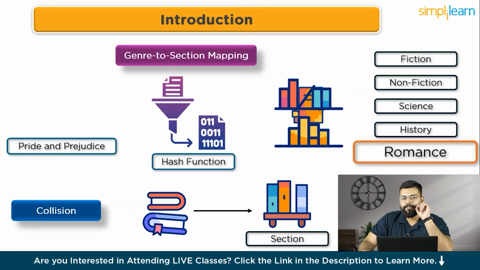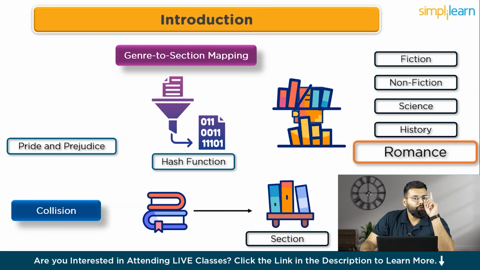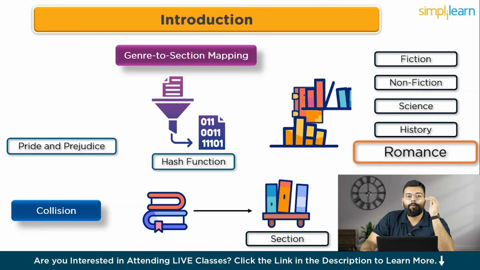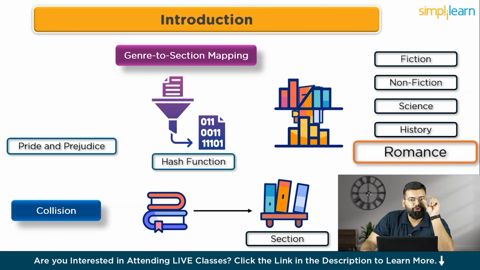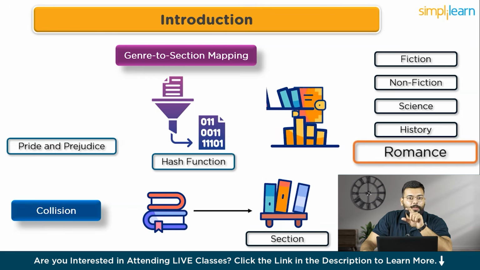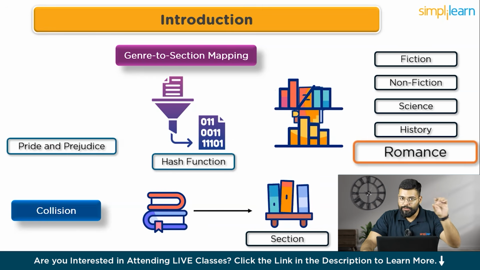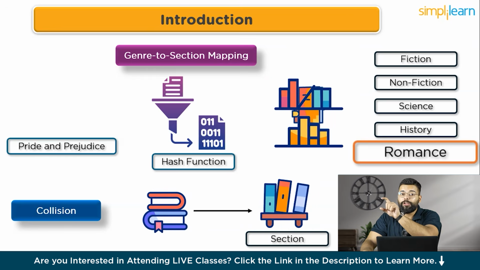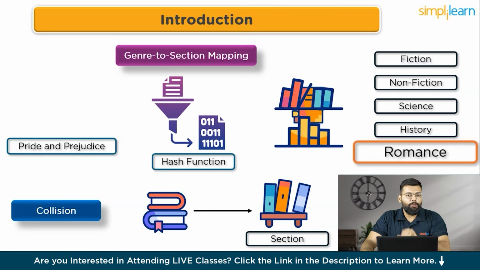So, how does this example relate to hashing? First, we'll talk about the hash function. This method of determining the book's placement based on genre acts as a hash function. It takes an input, that is genre, and maps it to an output, that is bookshelf section. Now we talk about efficiency.